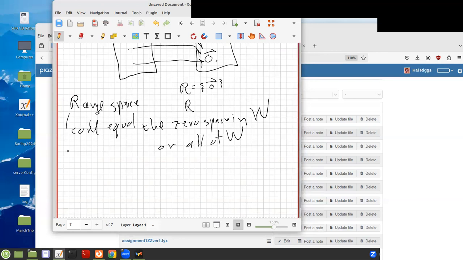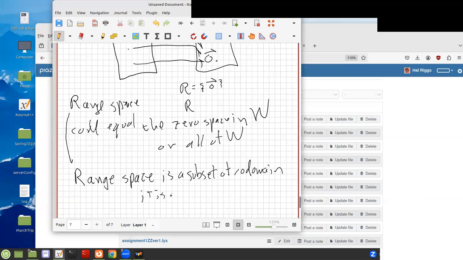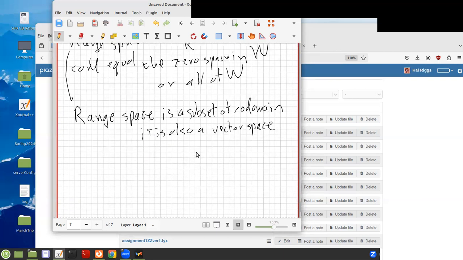So it's called a range space because the range space is not only a subset of the codomain, it is also always a vector space. Okay, so why is that? Well, if it's a subset of the codomain, how do we know it's a vector space?